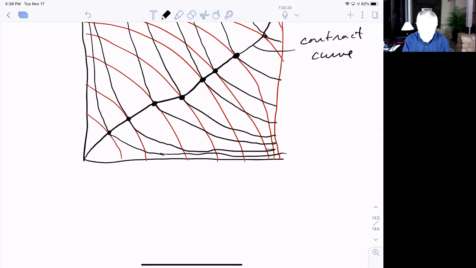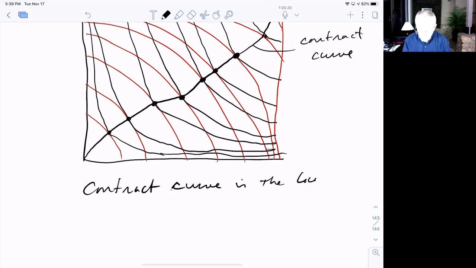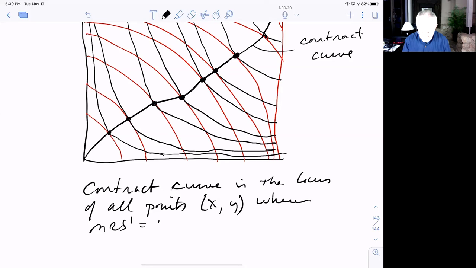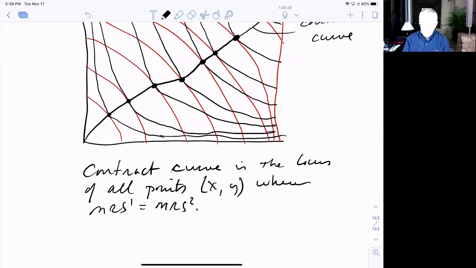And a contract curve is the locus of all points in the box where the marginal rate of substitution for 1 is equal to the marginal rate of substitution for 2. So these are all the Pareto efficient allocations available to this economy.